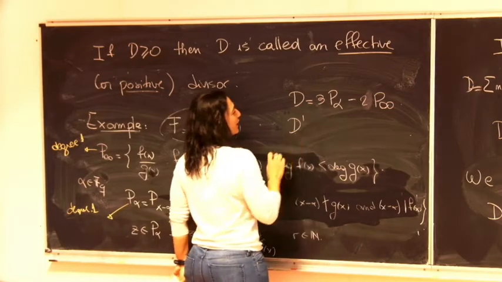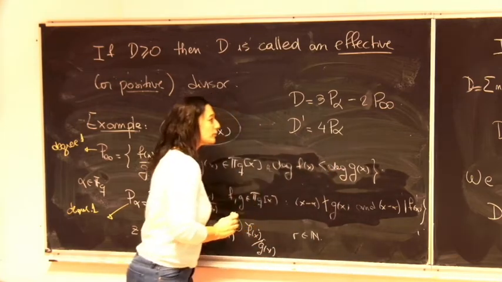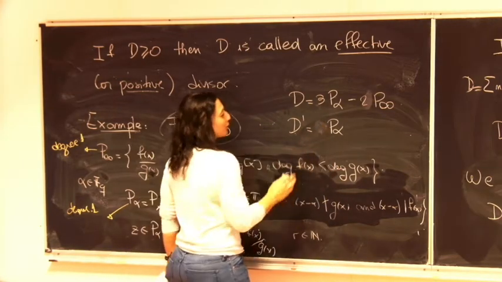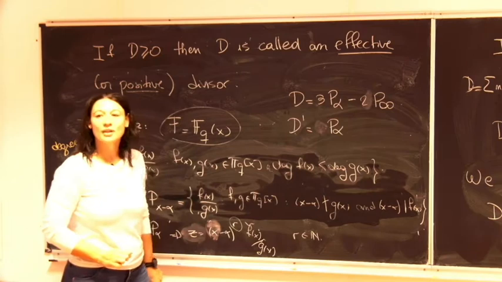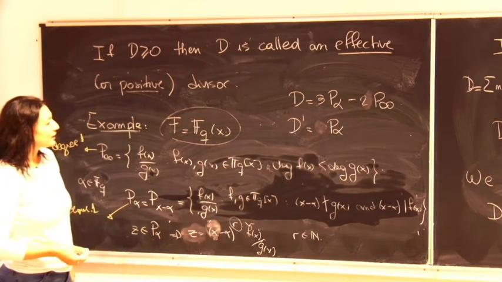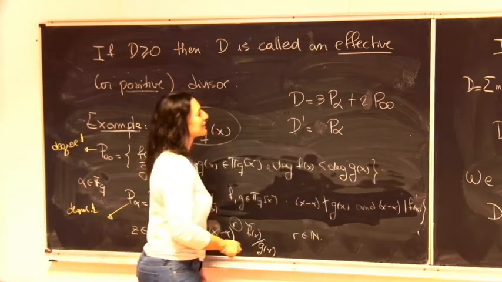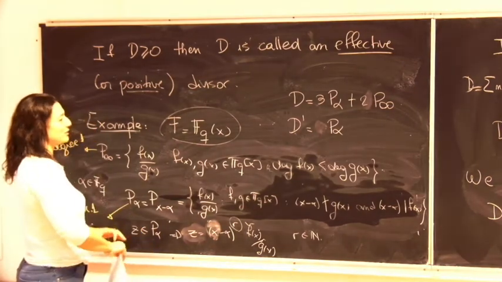For example, if I define D prime as 4p alpha, then no, I cannot compare it because I have this. If I put it like this, plus, then I will be able to compare.